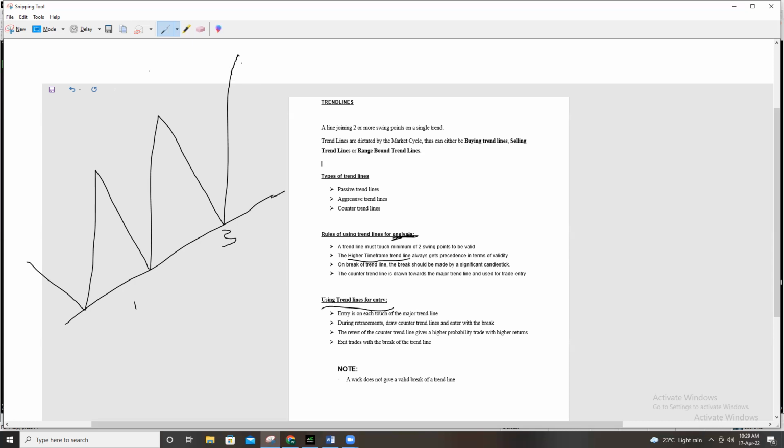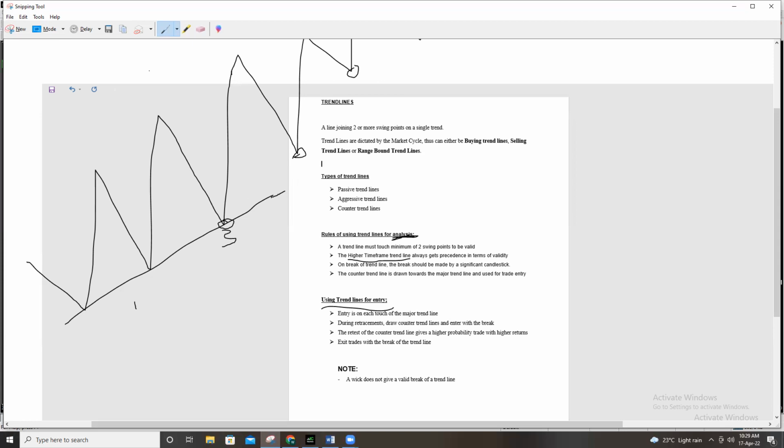After the third touch, you can also get the fourth touch, the fifth touch, depending on the time frame. Now, each touch of your trend line is an entry. So entry is on each touch of the major trend line. That's a guaranteed entry. As long as the trend line is not broken, you know that is an entry within the same trend.